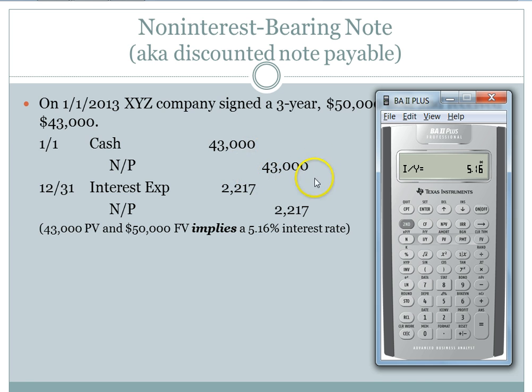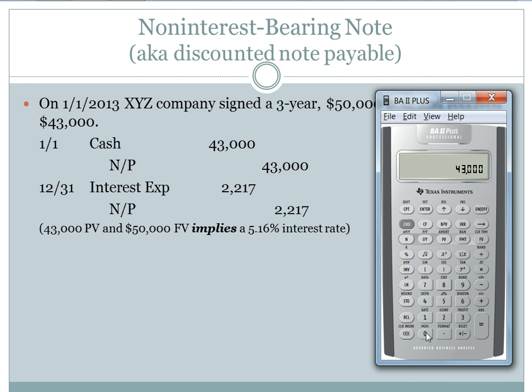That's $43,000. I have borrowed $43,000. I have the use of $43,000, and I am going to be paying 5.16% interest on that. So I take 5.16, decimalize that by dividing by 100, and then multiply it by the $43,000.